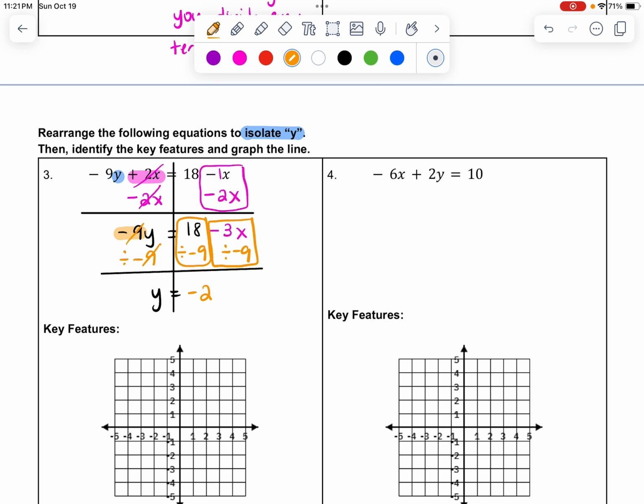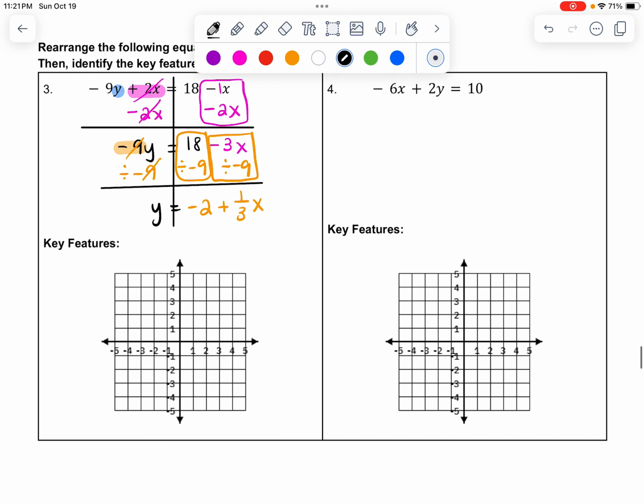But if you type that in, negative 3 divided by negative 9, the fraction is actually plus 1/3 x. So using your alpha y equals, make a fraction, type in negative 3 over negative 9, and you should get positive 1/3. My key features here would be my point and my slope.